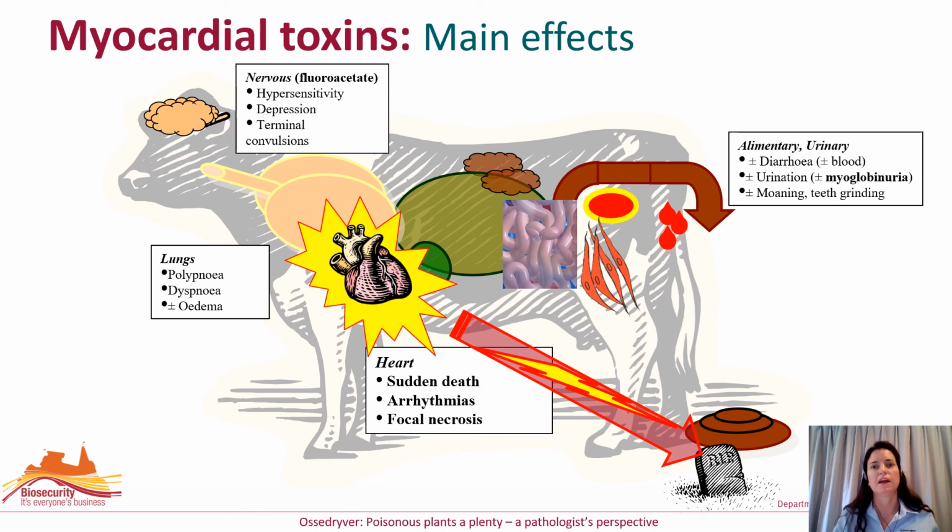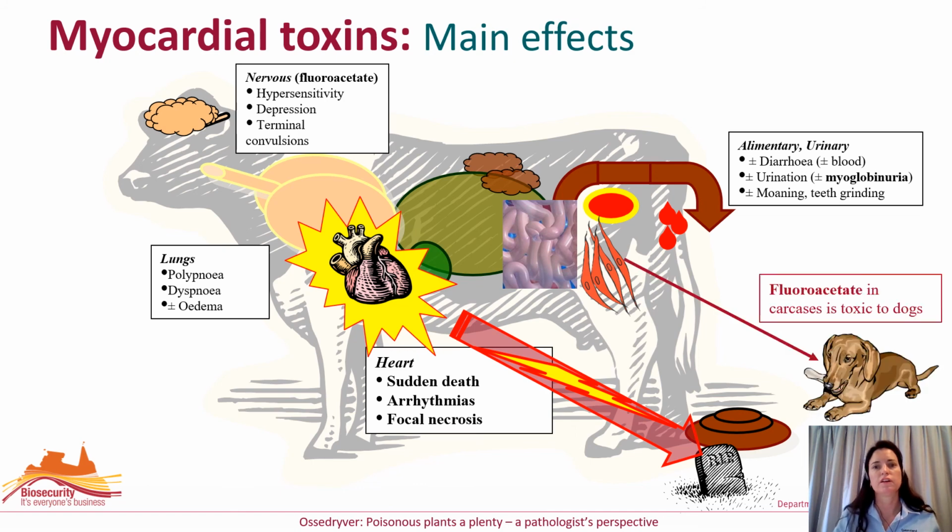Nervous signs predominate in pigs and carnivores, although herbivores may show mild nervous signs. Diarrhea, usually with blood, is commonly seen with cardiac glycosides and sometimes ironwood poisoning. Of note, carcasses of animals poisoned by plants containing fluoroacetate may cause secondary poisoning in scavengers such as dogs, dingoes and pigs.